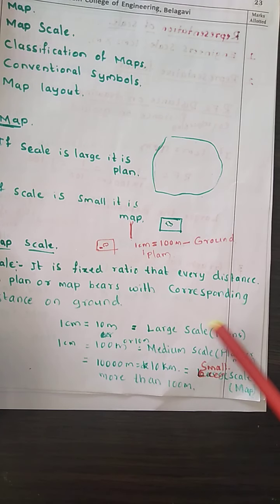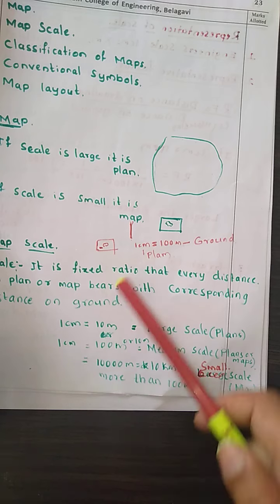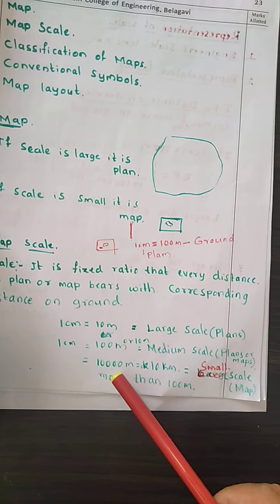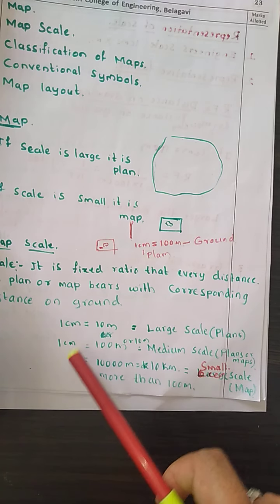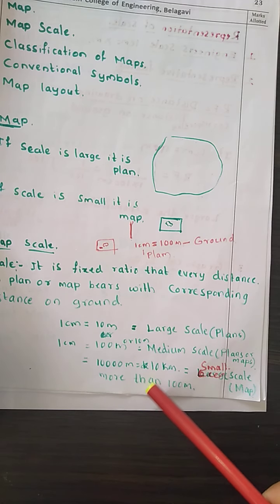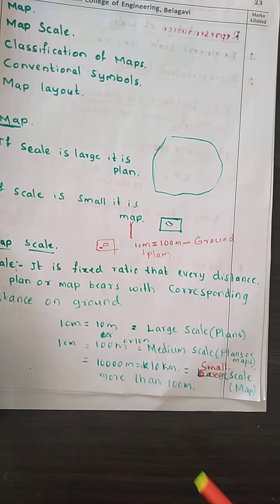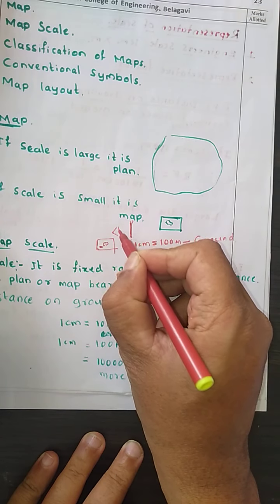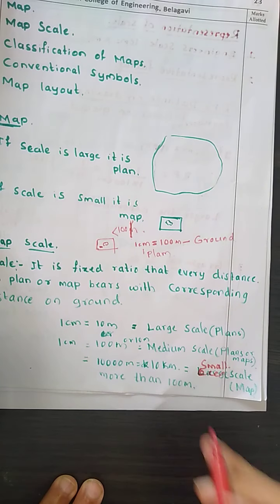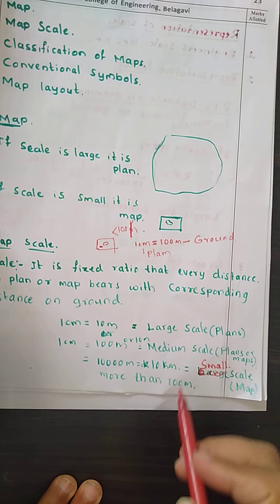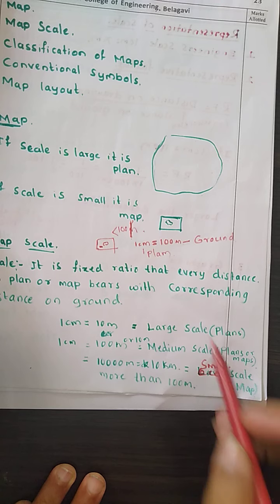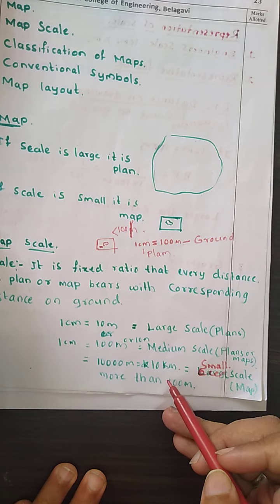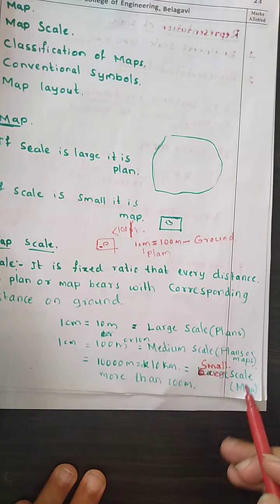Now, if 1 centimeter on a sheet of paper represents more than 100 meters on the ground, then we call it a small scale, as the object will look small.